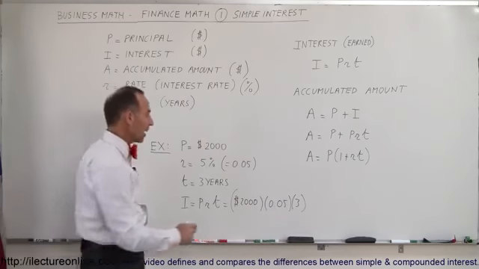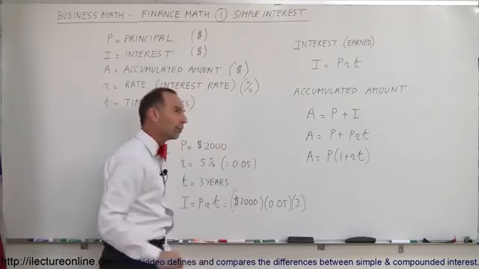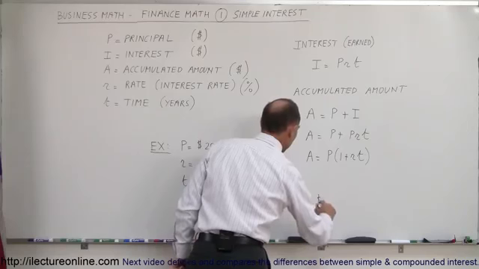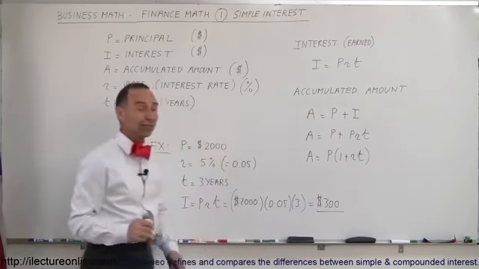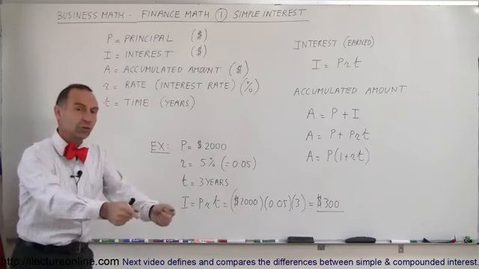So what is the total amount? Let's see here. 5% on $2,000 would be $100 times 3, so that would earn you $300 after 3 years. So after 3 years, you would get your $2,000 back. They will pay an additional $300.